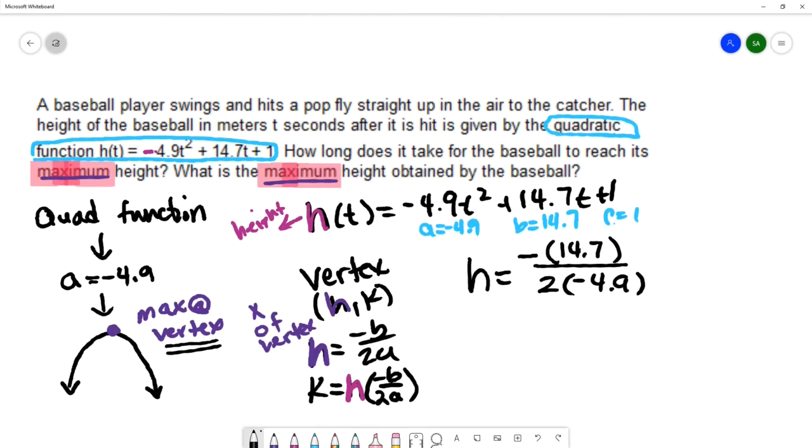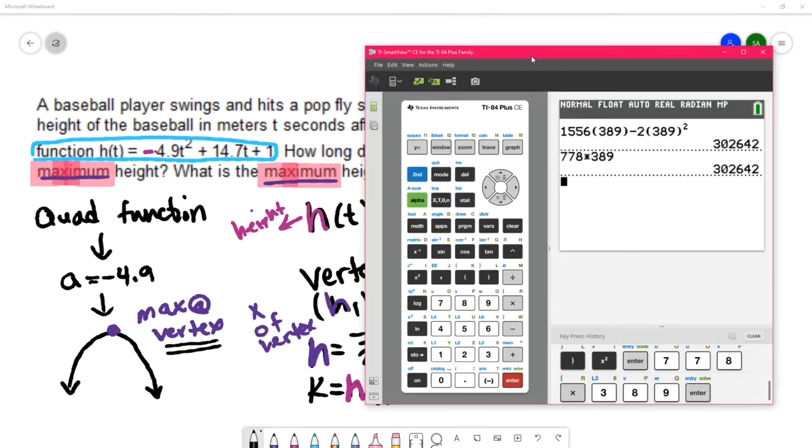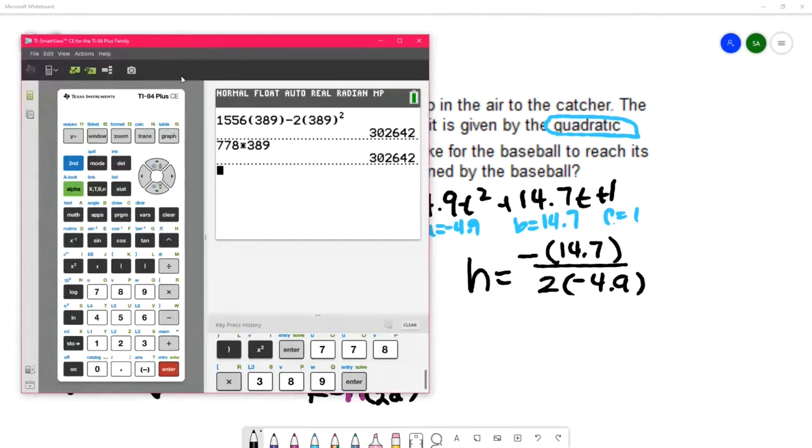We're going to use our calculator to work that out for us. We've got negative 14.7 divided by, and I have more than one thing in the denominator, so I'm going to make sure to put parentheses around the denominator, 2 times negative 4.9, and we get 1.5.